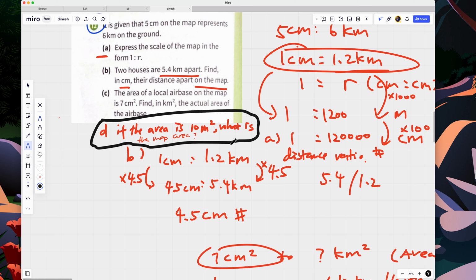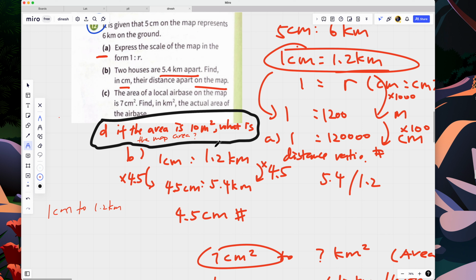I just make it 1 meter first, so it's times 100 cm. I think your way of doing things should be quite complicated. The simplest way is this: 1 cm is to how much? 1.2 kilometers.